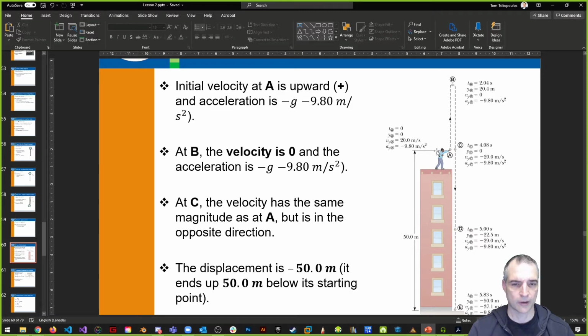Depending on what I'm looking for, if I care about the time, if I say, okay, how long does it take for the ball that I'm holding on top of a 50-meter tall building to fall down to the ground? If I'm at the top of the 50-meter tall building, where actually my hand is 50 meters above the ground. I think that's the better way of saying it.